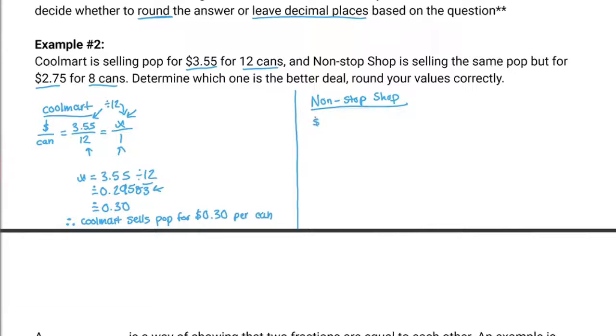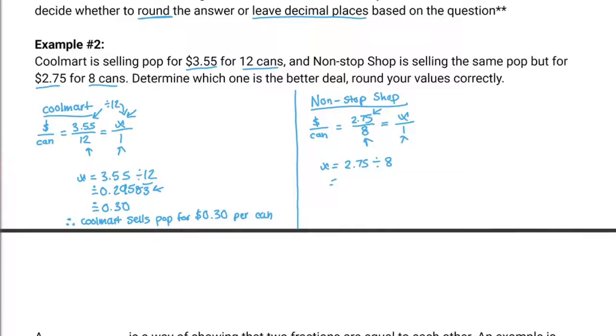So we can set this up the same way. Dollars per can. We have 2.75 over 8 and x over 1. So how do we go from 8 to 1? Well, we simply divide by 8. So we have to divide 2.75 by 8 to get x. So x is equal to 2.75 divided by 8. I'm going to do this on my calculator.